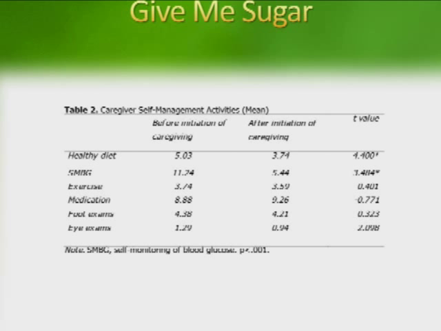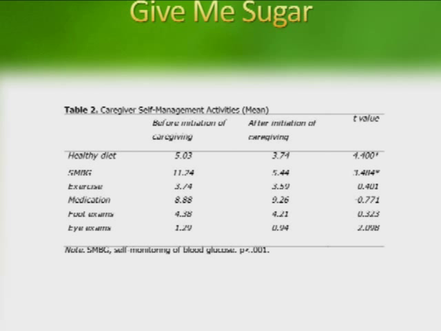There were two significant differences. One was healthy diet got worse after caregiving. Before caregiving, they had a healthy diet 5.03 days per week, and after it was 3.74. Self-monitoring of blood glucose got worse.